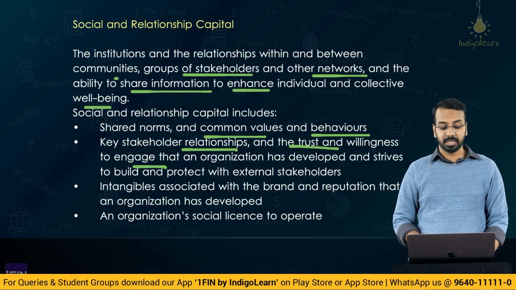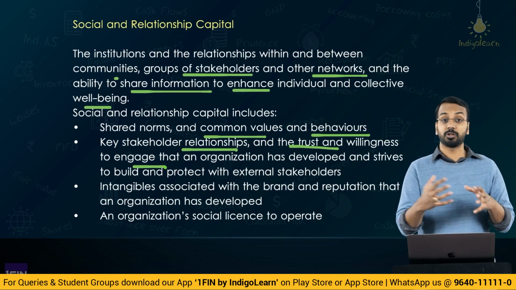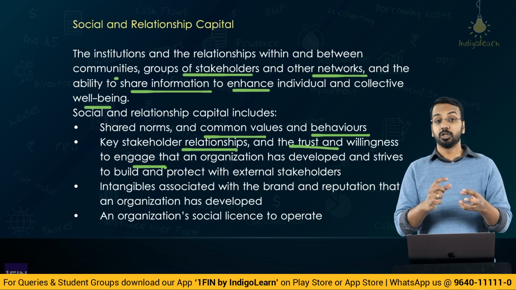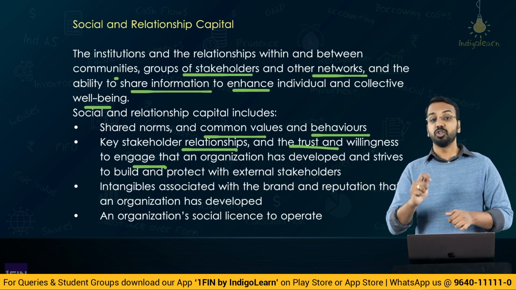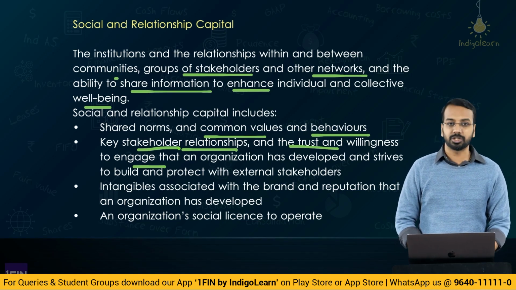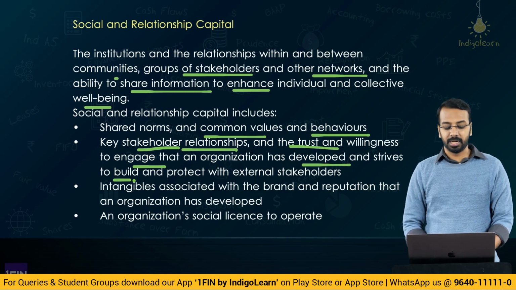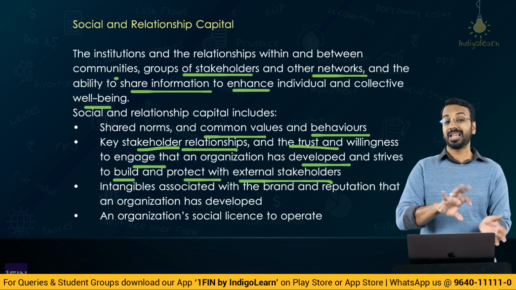So basically the trust and engagement. Engagement means basically sharing of information, passing of products and services, right? So let's say you interact with a company, you are engaging with the company, right? So what is the key stakeholder relationship? And what is the trust and willingness to engage that an organization has developed and strives to build and protect with external stakeholders? So the other part may sound slightly complex.